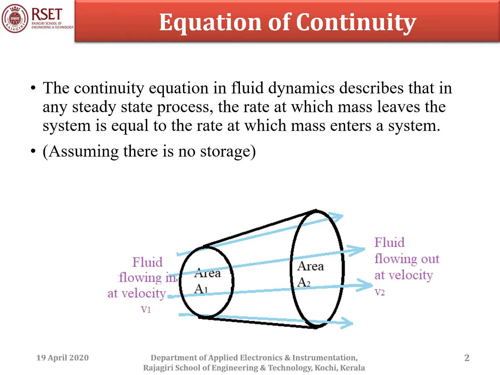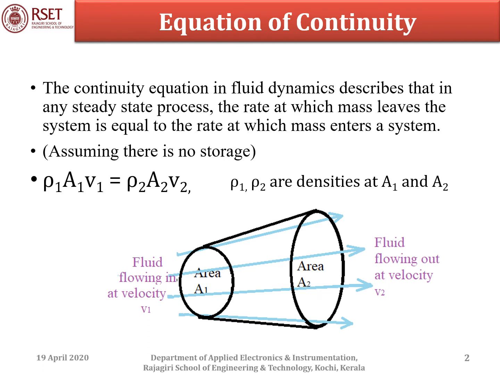So we have to take in that ρ1 v1 into A1 will give you the mass which is entering, and similarly ρ2 v2 into A2 will give you the mass which is leaving. If there is no storage, both should be equal. So ρ1 A1 v1 equal to ρ2 A2 v2, where ρ1 ρ2 are densities at A1 and A2.